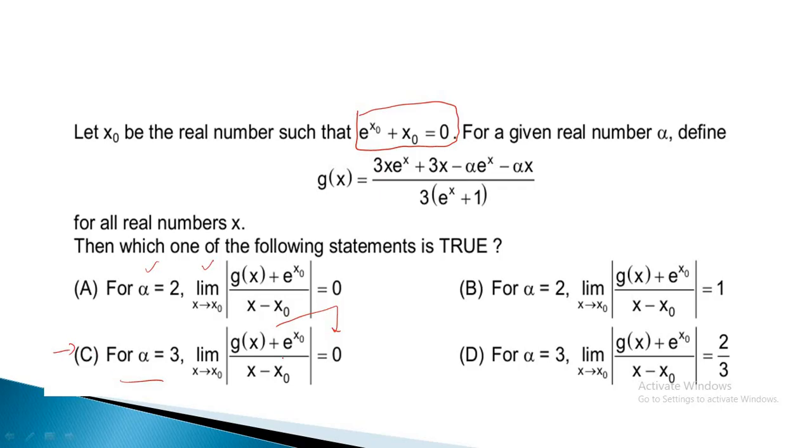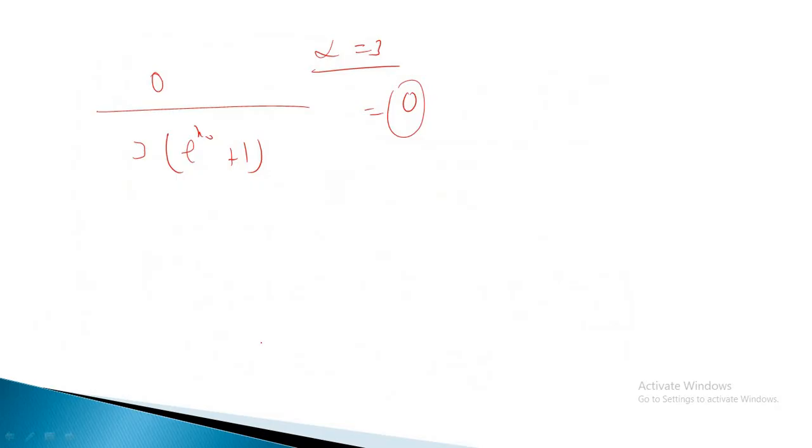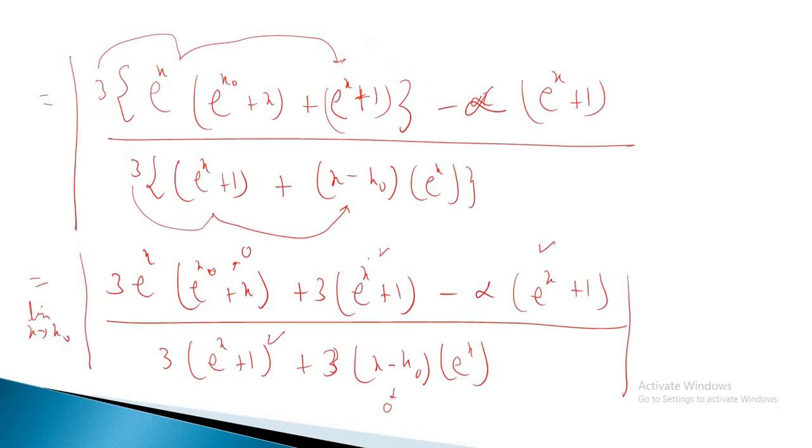Let us check for alpha equal to 2. If we use alpha equal to 2 here, it becomes 3 times e raised to power x naught plus 1 minus 2 times e raised to x naught plus 1. So 3 minus 2 is 1.